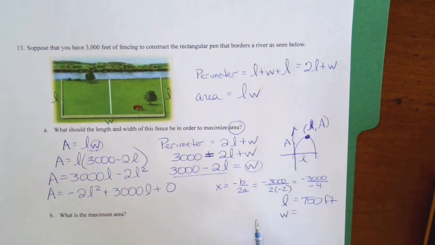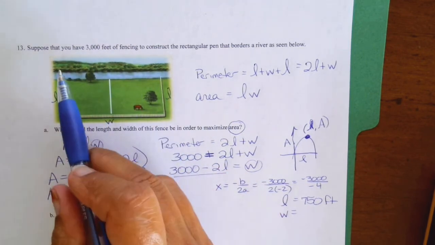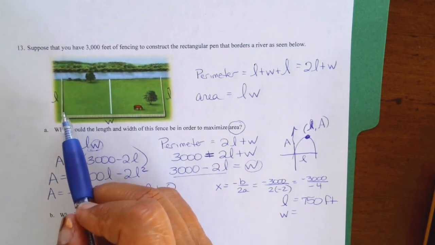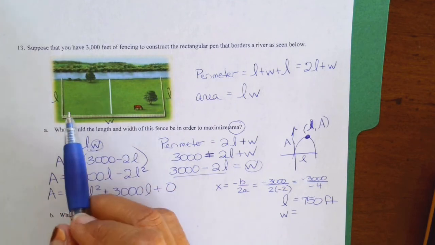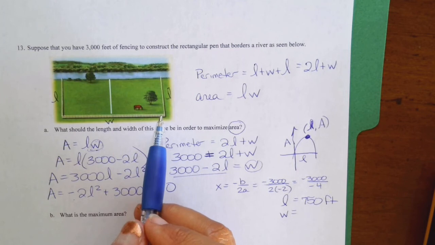Okay. Where would you find the width? The width would be up here. I would take 3,000 minus 2 times L. Or you could kind of just think about it. If the length is 750, so you've got 750 here, 750 here, which is 1,500. So how much is left out of the 3,000 would be another 1,500.